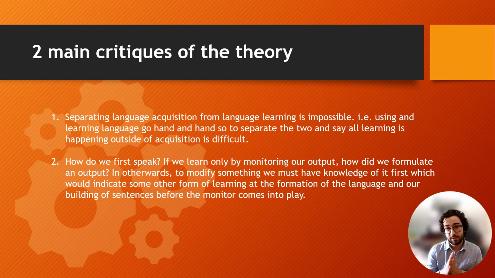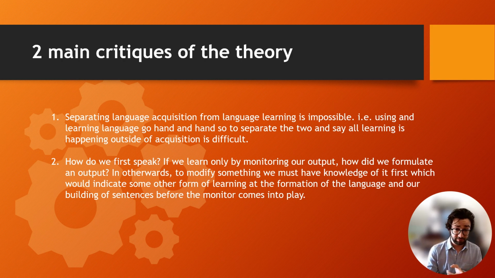So now that we've learned a lot about the monitor hypothesis and its strengths and why we think it's a good idea, let's look at two of the critiques for this hypothesis, right? There are two main critiques that I have found for this theory.